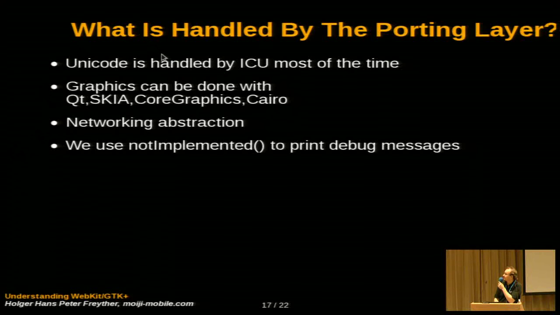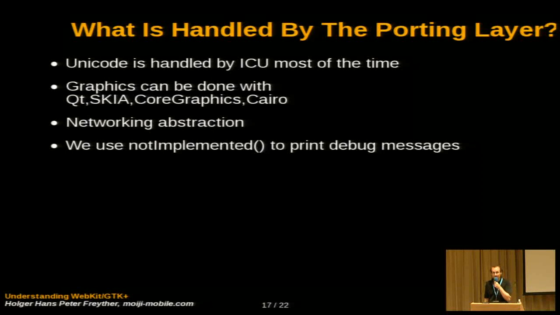text and Unicode handling, for network abstraction. And sometimes when we don't implement a specific function, or if a new function is added to the platform abstraction, people will put a not implemented macro inside these functions, and it gets printed when running into this function. So you get a log message, "function is not implemented," and it's a great way to get started to code.